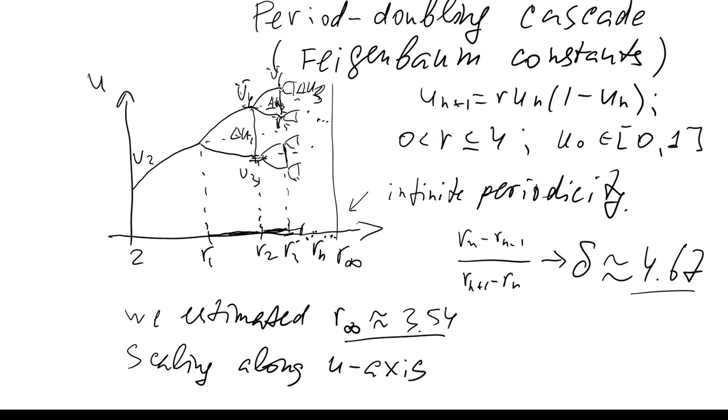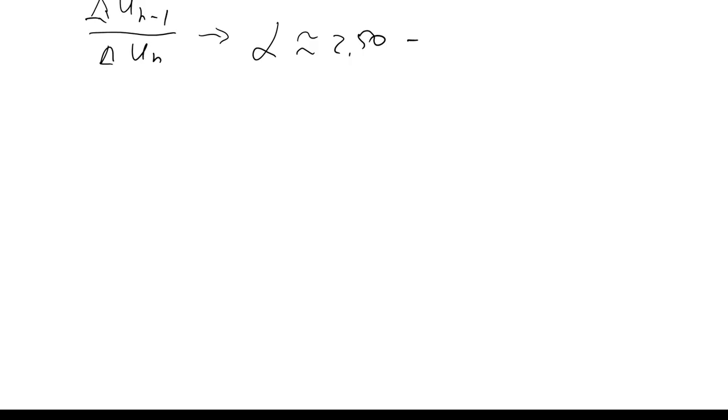And then what we can say is delta U_{n-1} divided by delta U_n is the scaling along the period doubling cascade. This also tends to some constant, which is denoted by alpha, and roughly equal to 2.50. And this is the second Feigenbaum constant.